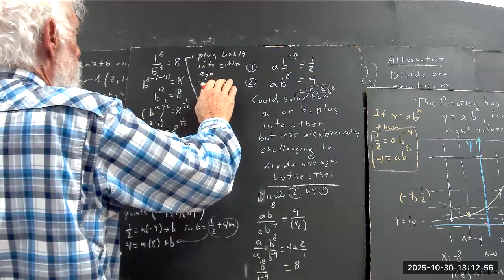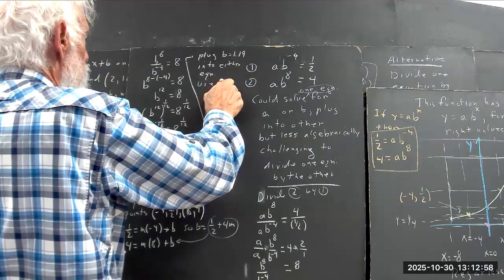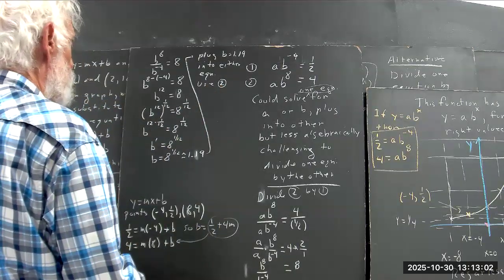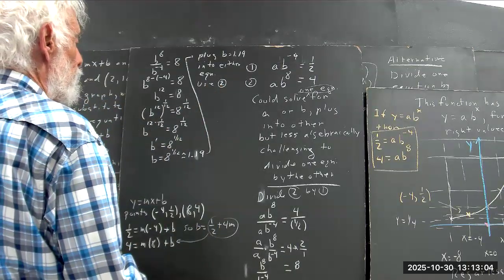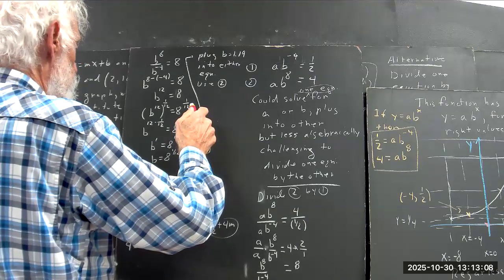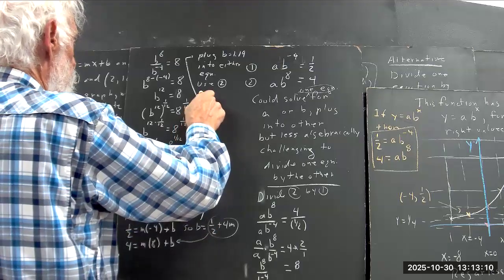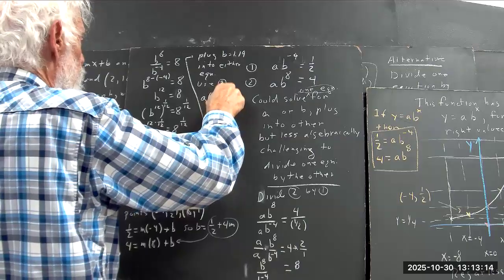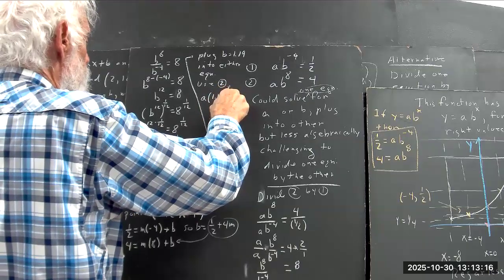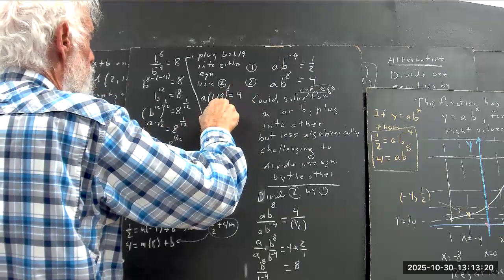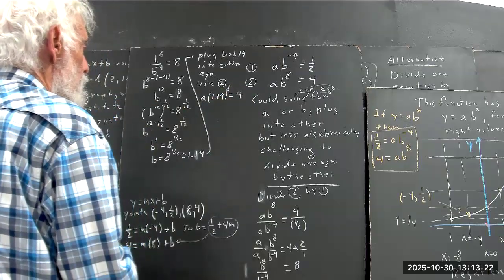Now I don't want to do the negative power of 1.19. I could, but using equation 2, you get a times 1.19 to the 8th equals 4.